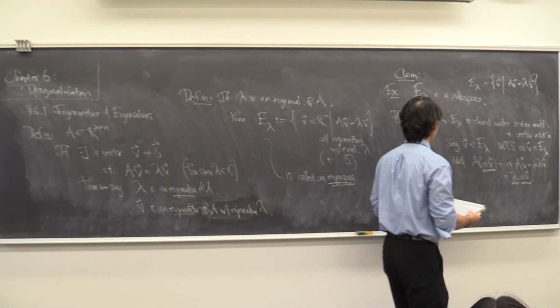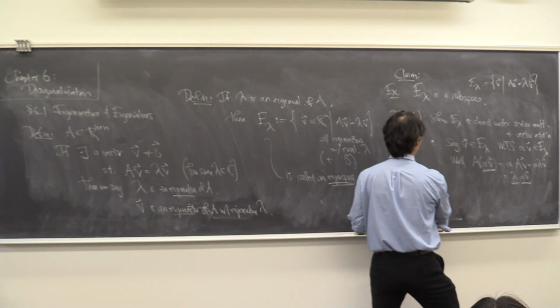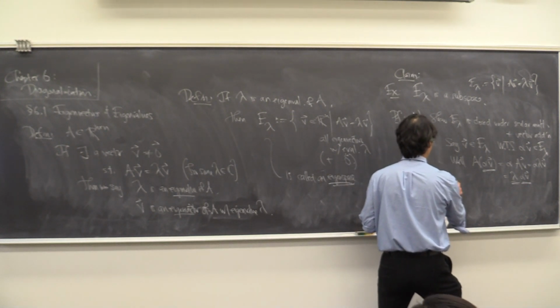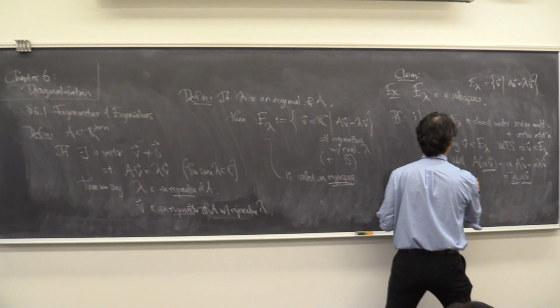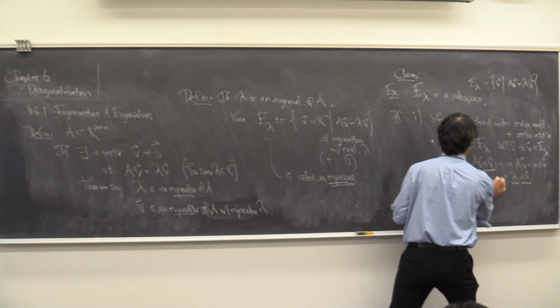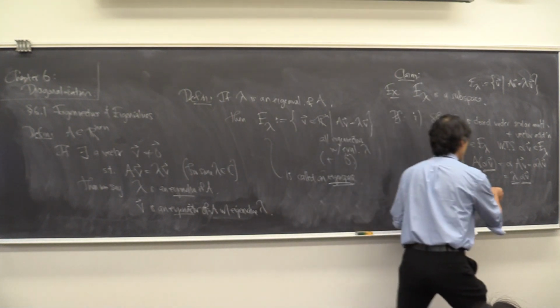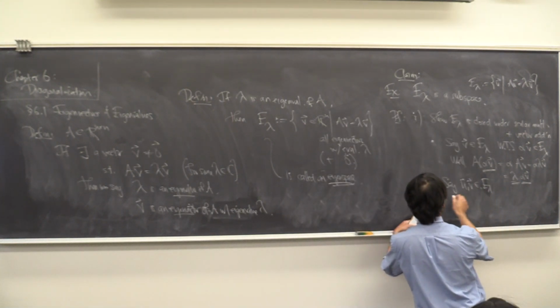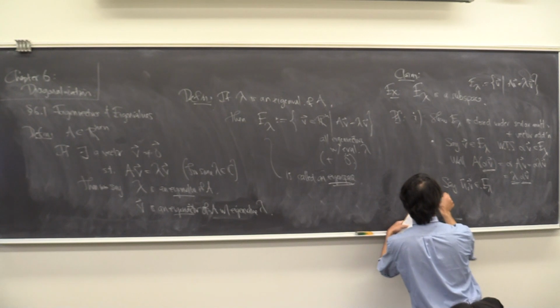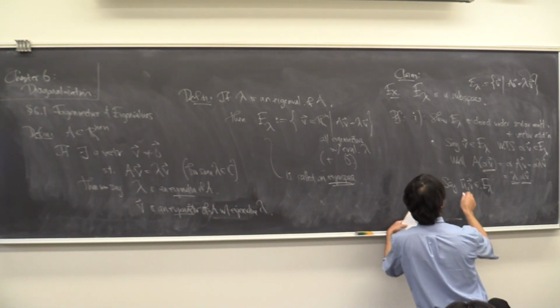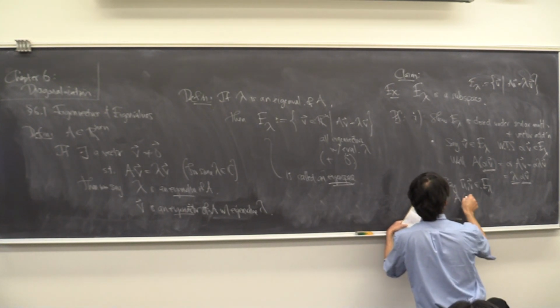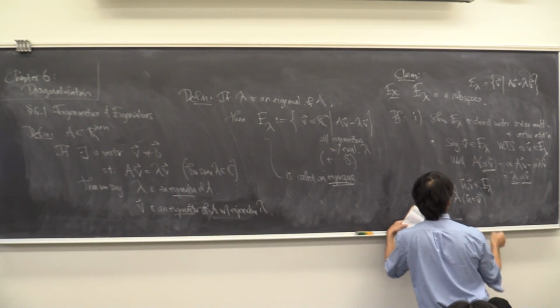So that's good. Now we need to show closure under addition. Say that U and V are in the eigenspace. We want to show that the sum is in the eigenspace. Let's take A of the sum.